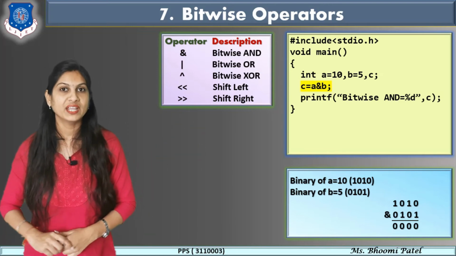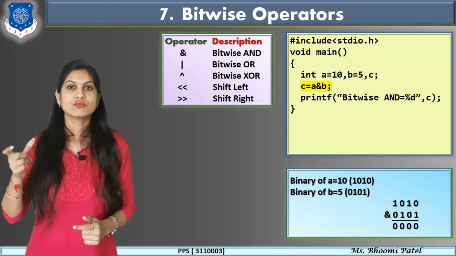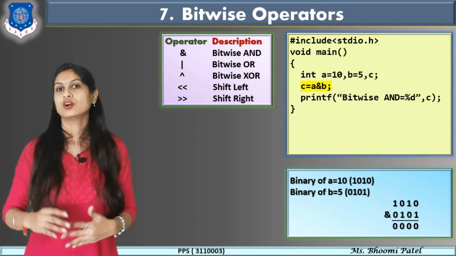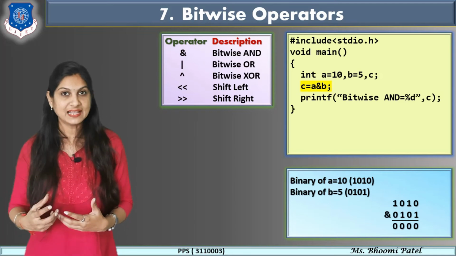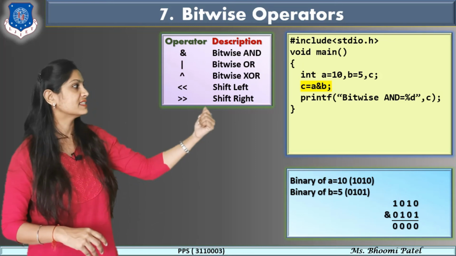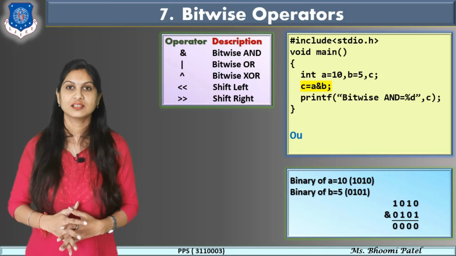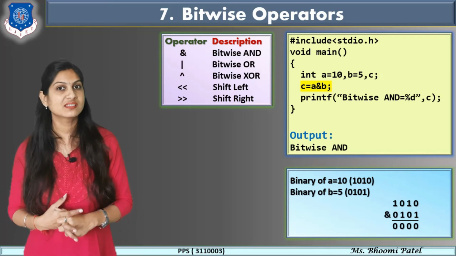So simply I am putting a & b. It works as an AND gate. So what is the output? All the values are different, 1010 and 0101, so our answer is all 0 bits. That indicates c has the value 0. So here our output is bitwise AND equals 0.